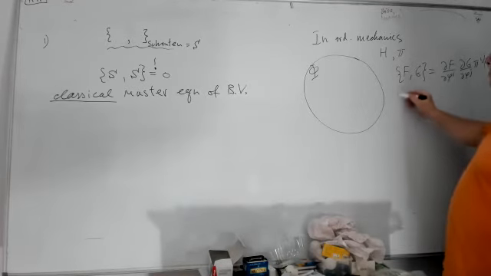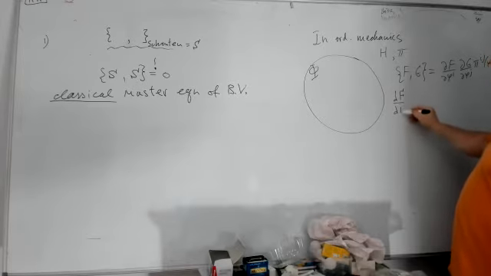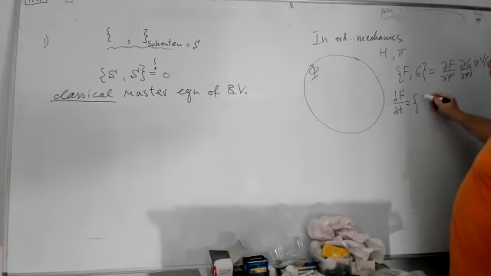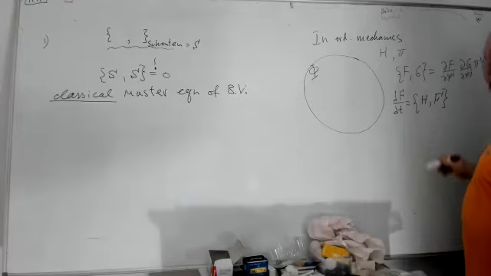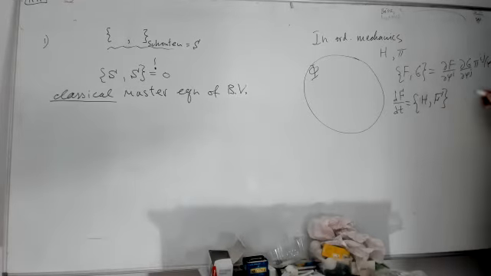And the evolution of an observable with time is given by the so-called Poisson dynamics. Maybe it's better to write it like this. So this is the Poissonian formulation of classical mechanics.